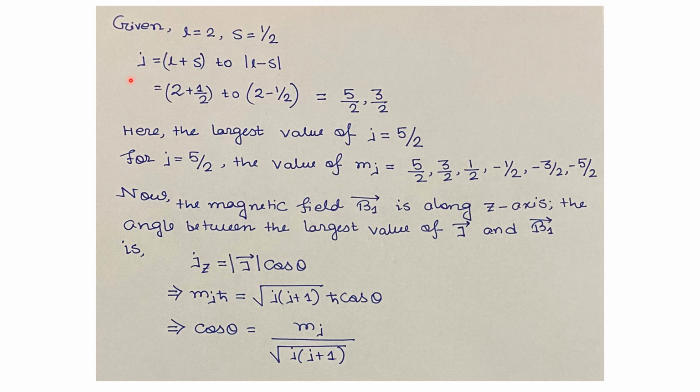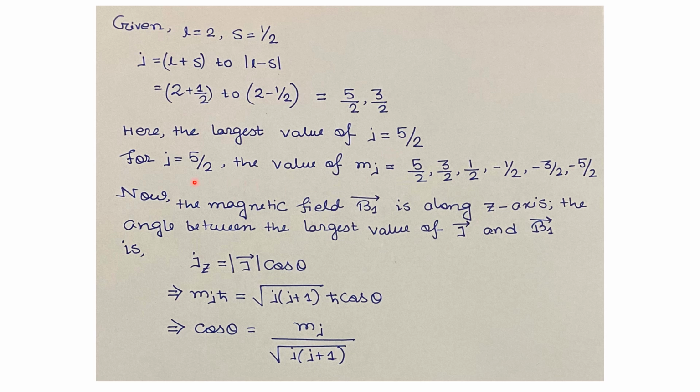So the total angular momentum quantum number J ranges from L plus S to mod of L minus S. So the possible values of J will be in the range of 2 plus half to 2 minus half, because here L equals 2 and S equals half. The possible values of J will be 5 by 2 and 3 by 2. Here the largest value of J equals 5 by 2.